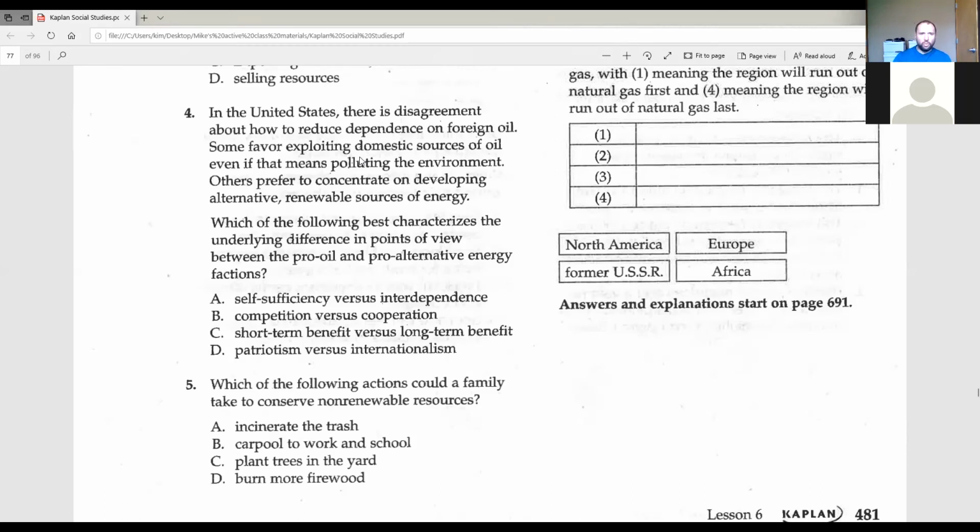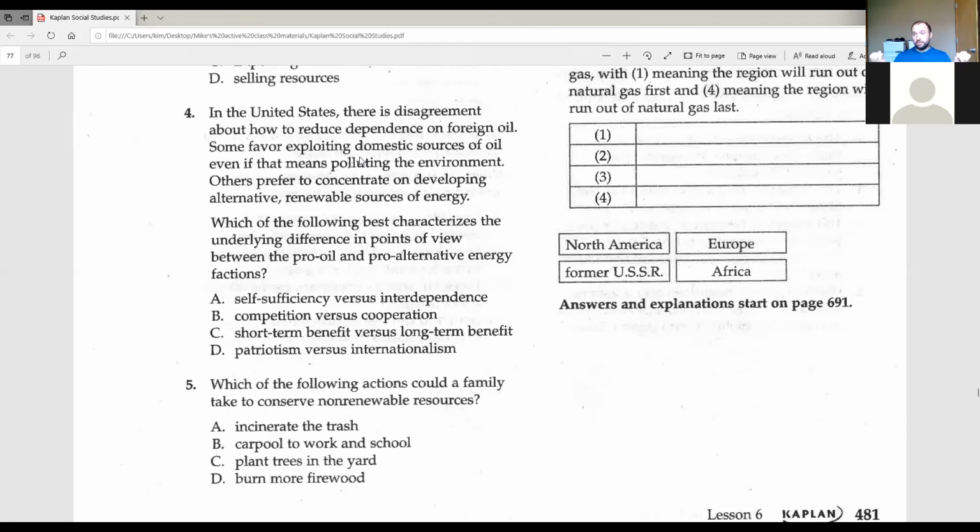So what it's saying is, both sides of these arguments agree we want to reduce dependence on foreign oil. In other words, we don't want to worry about other countries giving us oil. Right? So one side says, that's true, we don't want that, so let's use our own oil reserves instead.